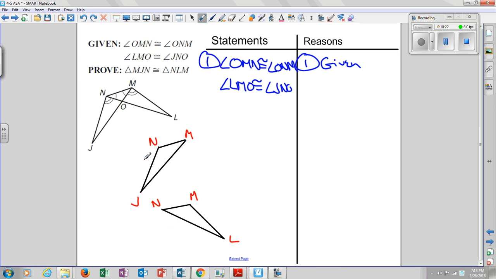Okay, so far we know OMN, which is the same as JMN. See that? Because OMN starts right there. JMN goes that direction as well. Is congruent to ONM. So that angle is congruent to that one.